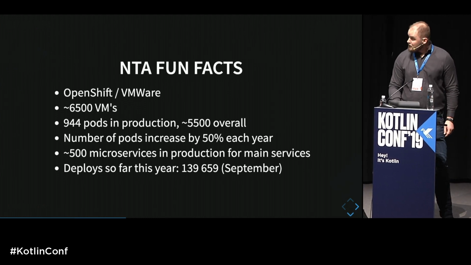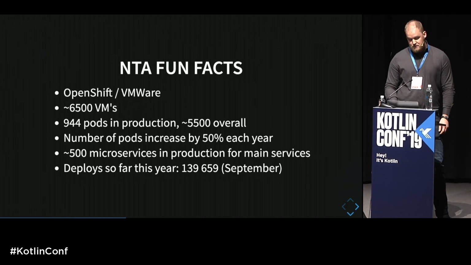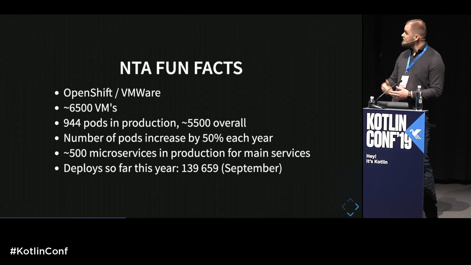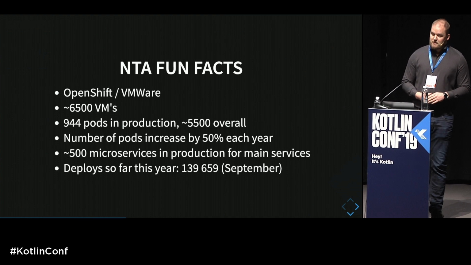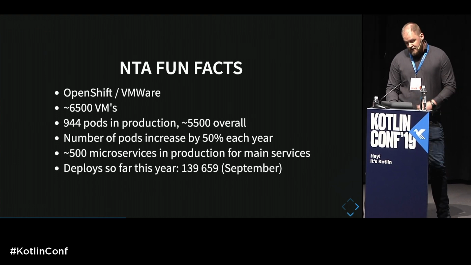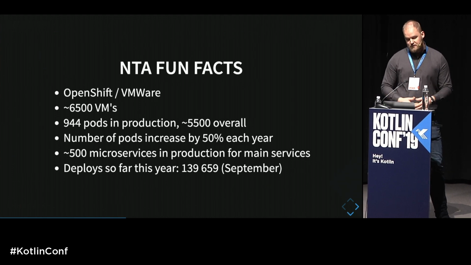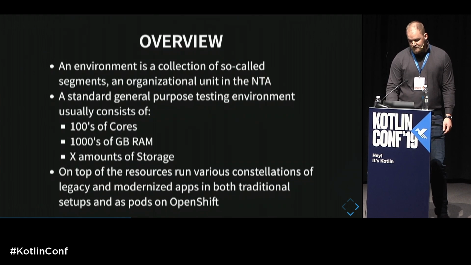So right now we have around 500 microservices in production for main services. Deployed so far this year by this September is around 140K. And that includes configuration changes, so not necessarily a new version. But that puts some scope on what infrastructure we're dealing with.